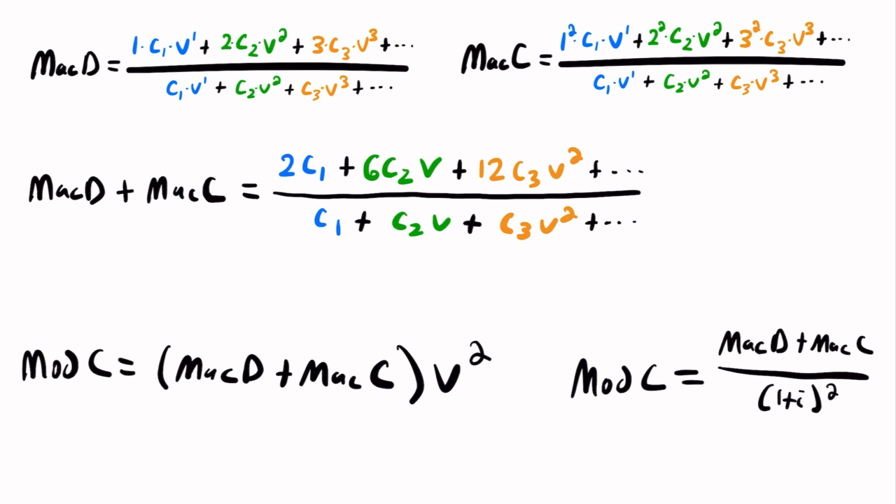All right, it's kind of a cool calculation because it connects the modified convexity to the Macaulay duration and the Macaulay convexity, similar to how the modified duration was equal to the Macaulay duration times the present value factor to the first power. And so it's just kind of a neat result that shows how these different measurements are related.